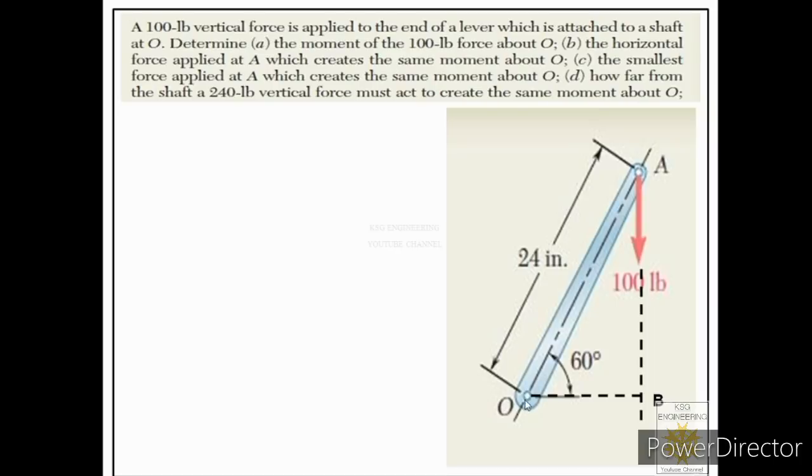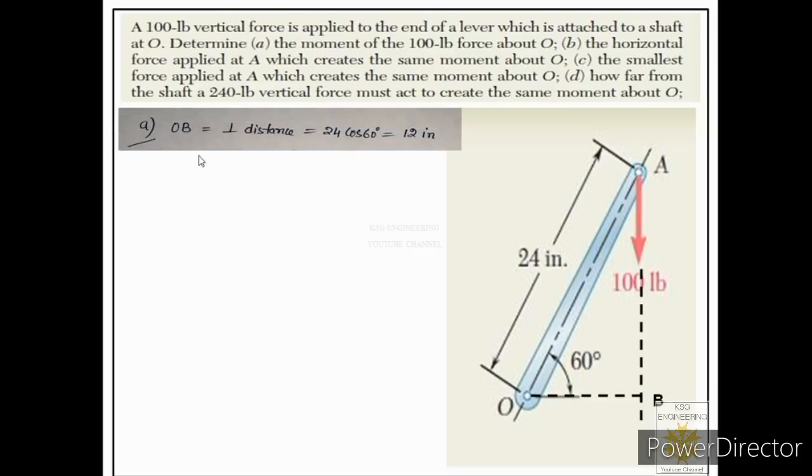So base OB will be equal to hypotenuse multiplied by cos 60. So look over here. We have found OB. It is a perpendicular distance or moment arm. So this is equal to hypotenuse multiplied by cos 60. So we got the answer as 12 inches.